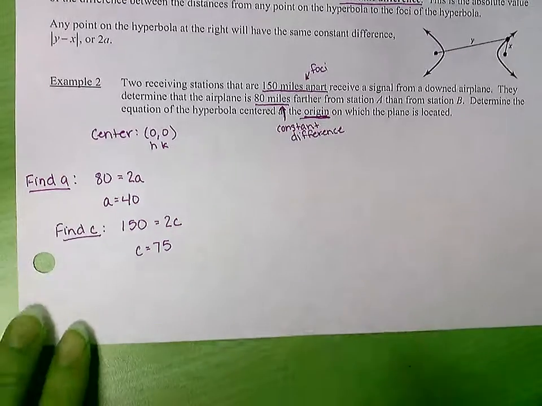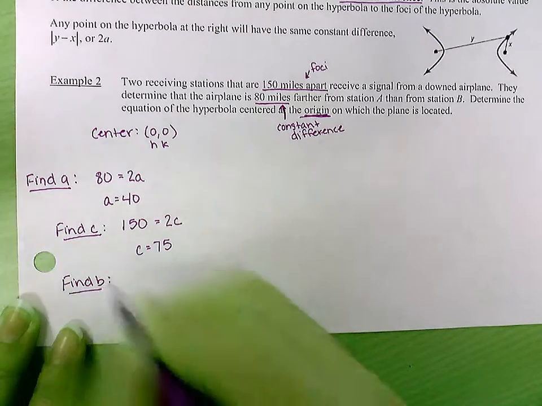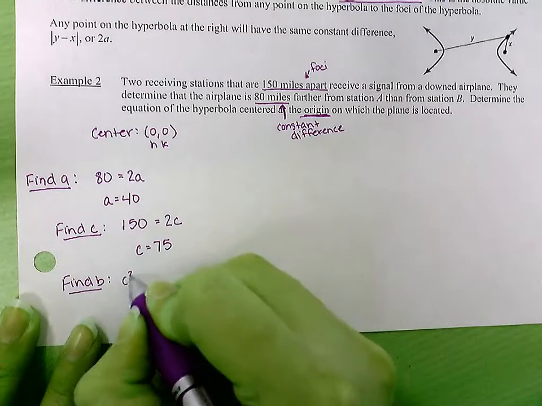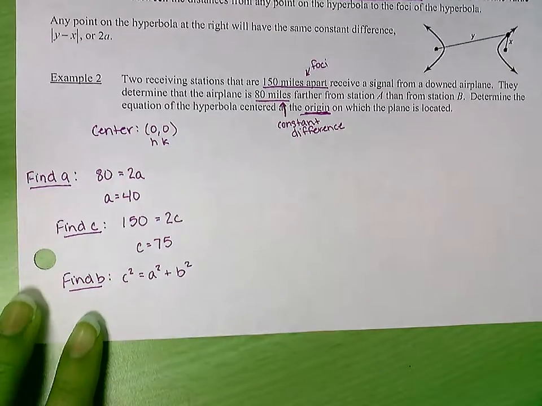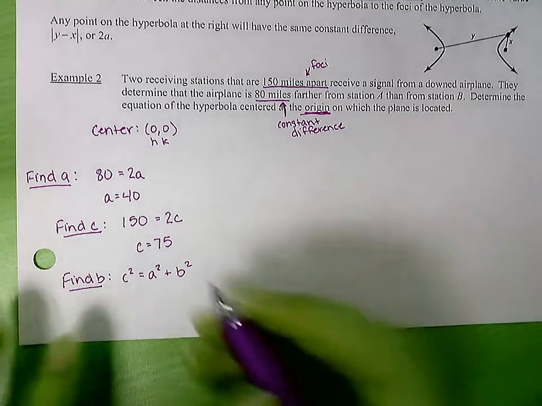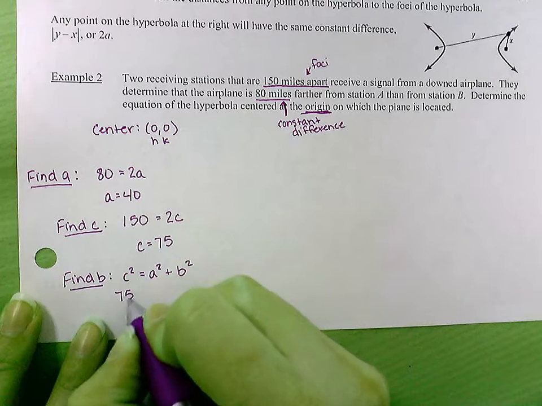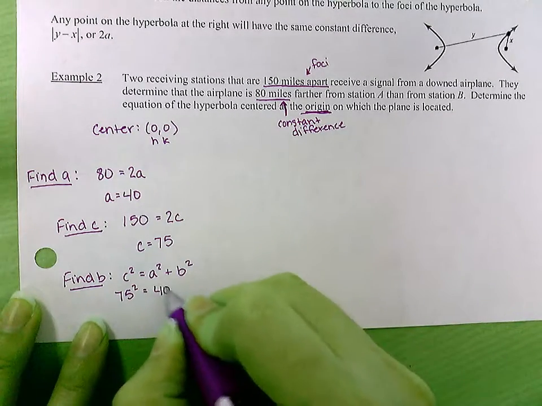So now I can find B by again using my equation here. C squared is equal to A squared plus B squared, since I now have C and A. So plugging in 75 for C and 40 for A.